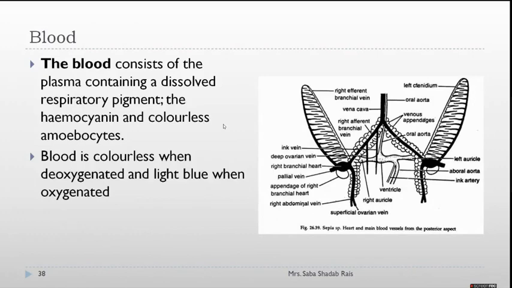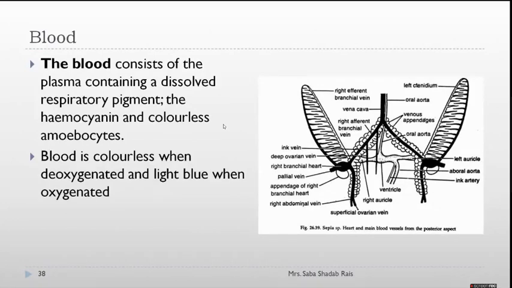We have the hemoglobin which is packed properly into the red blood cells. But in the case of the sepia, or you can say the lower organisms, the blood pigments are dissolved. These pigments are called hemocyanin, and they are colorless, as well as the amoebocytes in shape.